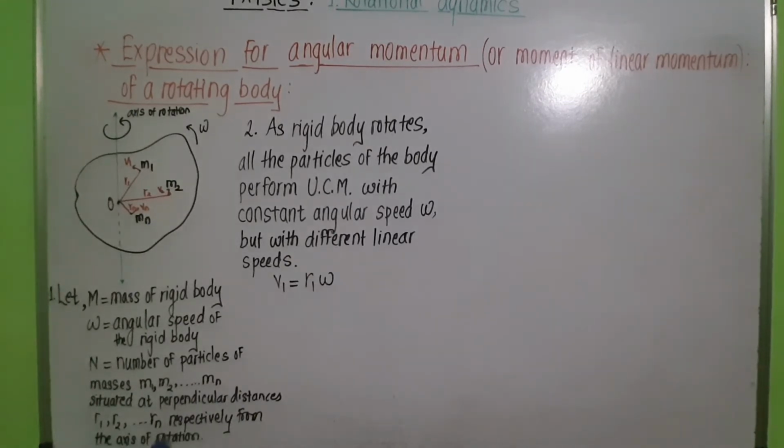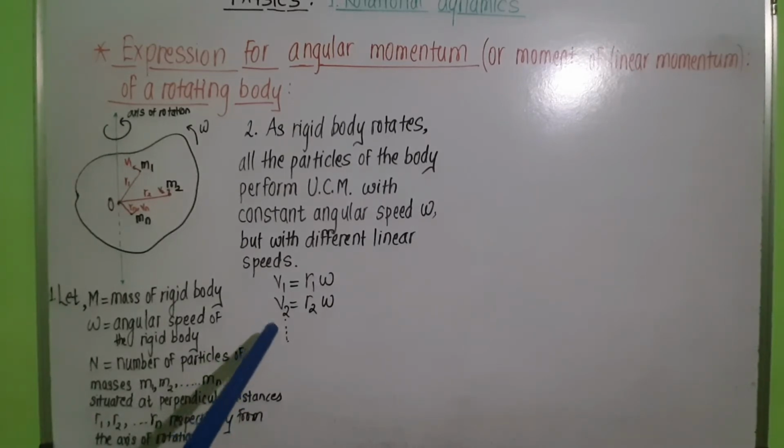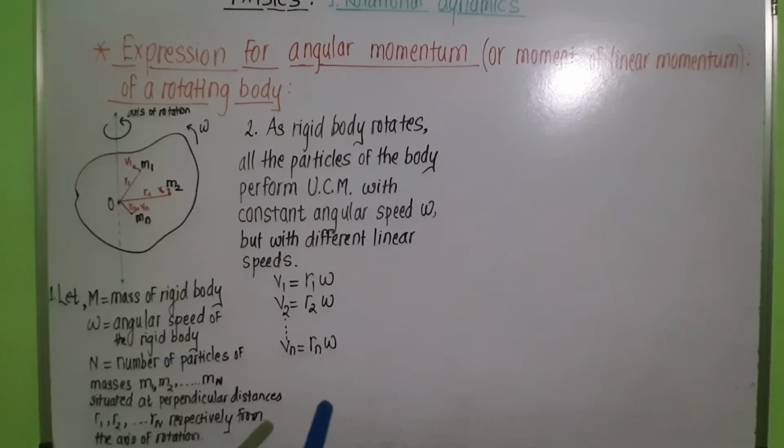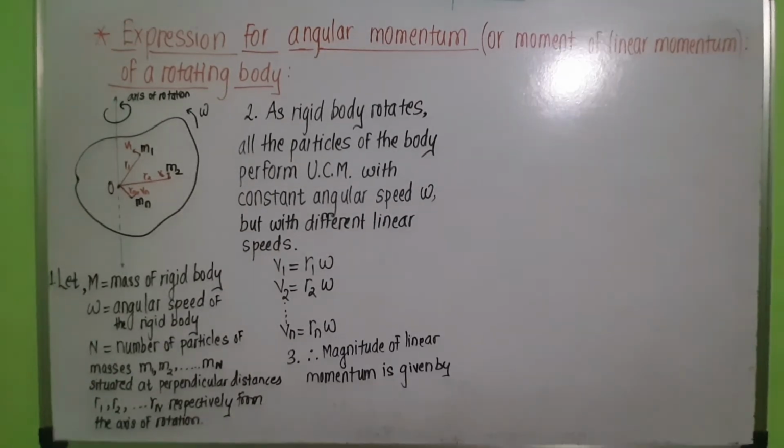So the linear speed of the first particle is v1 is equal to r1 omega. Linear speed of the second particle is v2 which is equal to r2 omega. So on, linear speed of the nth particle is vn is equal to rn omega.